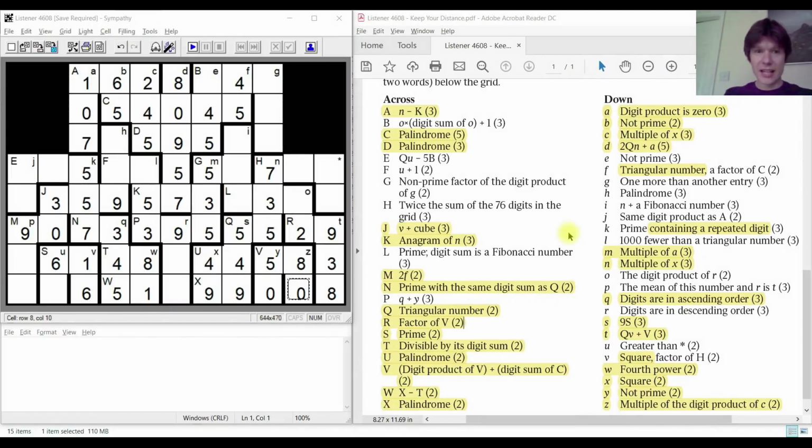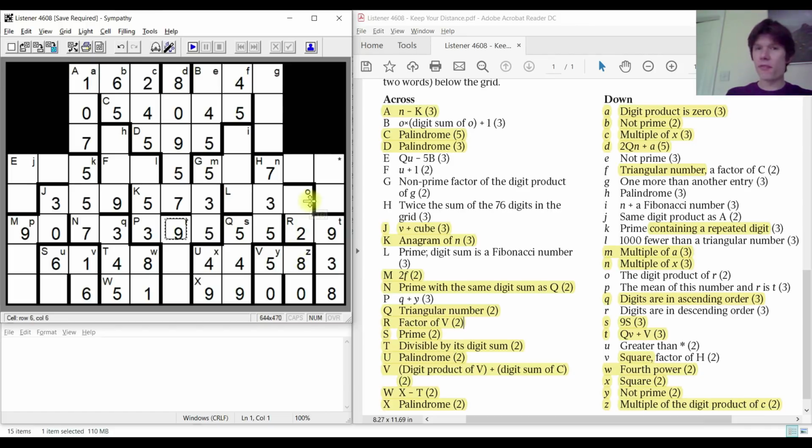Now a clue we haven't looked at yet is the one for little o down, which is the digit product of little r. At first glance it looks like that isn't something we can do much with yet because we don't know the second and third digits of little r, but the digit product must include a 9 and therefore little o must have factor 9.